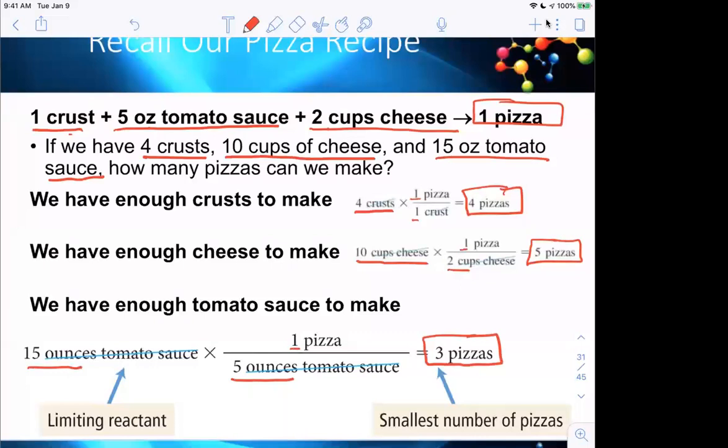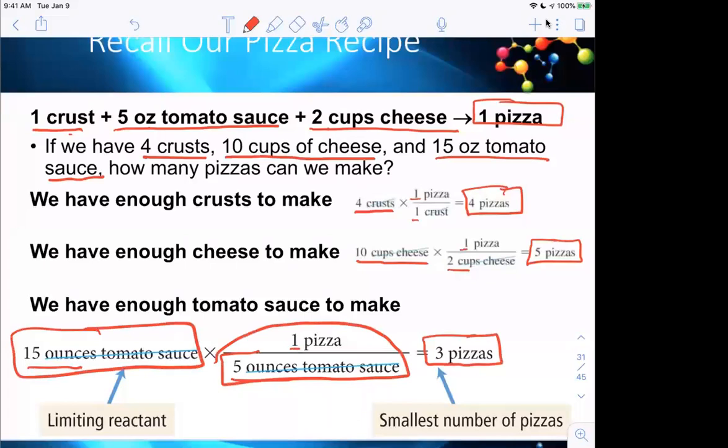So even though I have enough crust to make 4 pizzas, and I have enough cheese to make 5 pizzas, I can't actually make more than 3 pizzas, because once my 15 ounces of tomato sauce runs out, I've made 3 pizzas and I have no more tomato sauce.